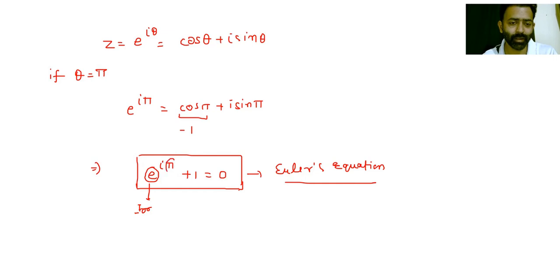Then comes pi, again a very important irrational number with a special place in real numbers. Then we have i, your imaginary number. So why is this equation so beautiful? Somehow all these numbers, 0, 1, e, pi, and the imaginary number i, are combined in a single equation, and they have just become equal to 0.